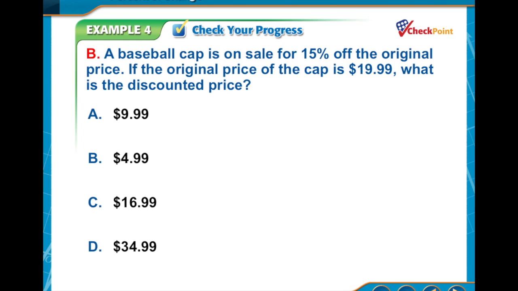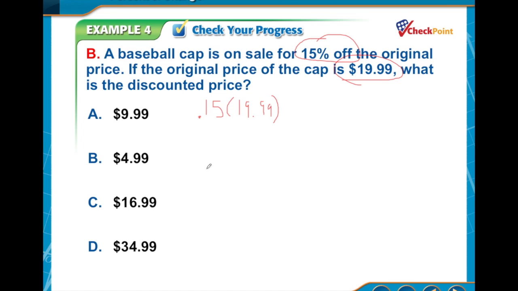Okay, so 4B, one more discount problem to talk about. A baseball cap is on sale for 15% off of the original price. If the original price is $19.99, what is that discounted price? So we need to find out what is 15%, or 0.15, of $19.99. 15% times our original will tell us how much it will go down.